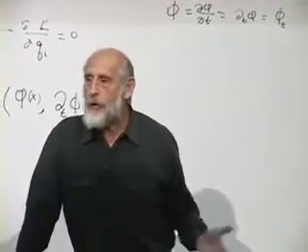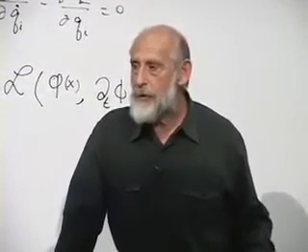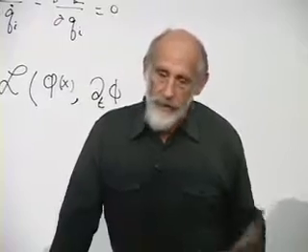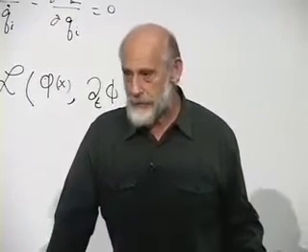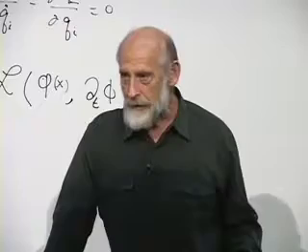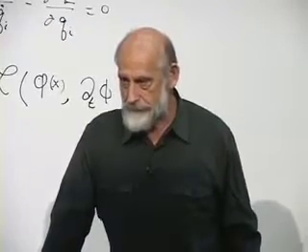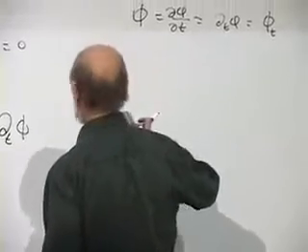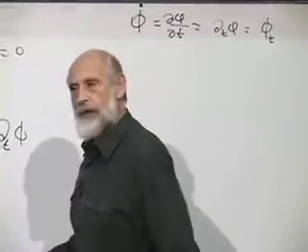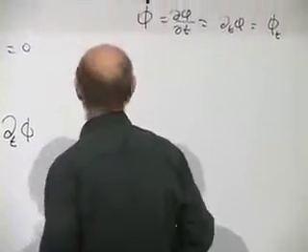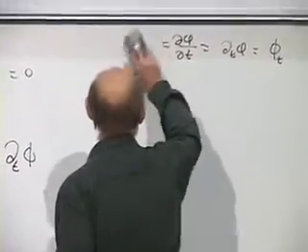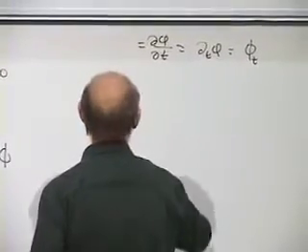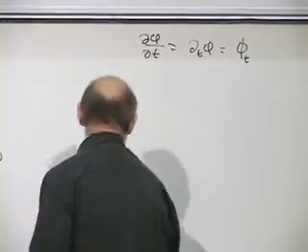Well, if a thing depends on more than one variable, and phi depends on more than one variable, then it has a collection of derivatives with respect to each variable. But isn't the dot usually the total derivative? If you want me to use the dot for the total derivative, no, I don't use it that way, and I don't think it's commonly used that way. Like h dot equals the Poisson bracket or something like that. Yeah, let's not use that, fine.